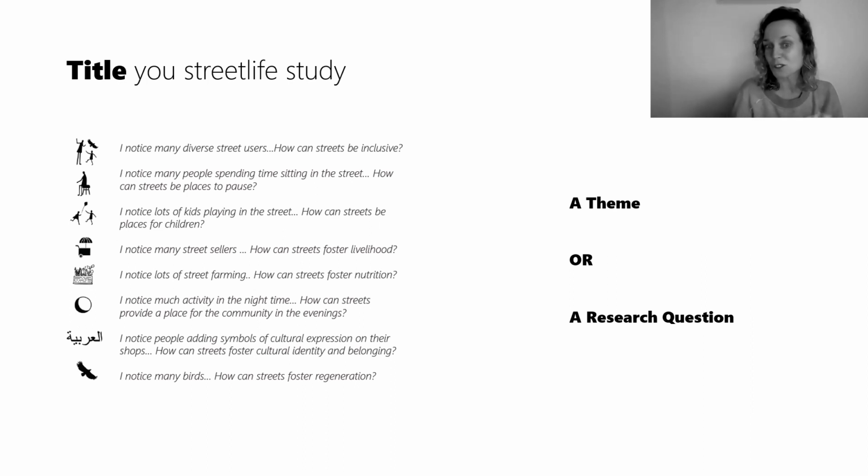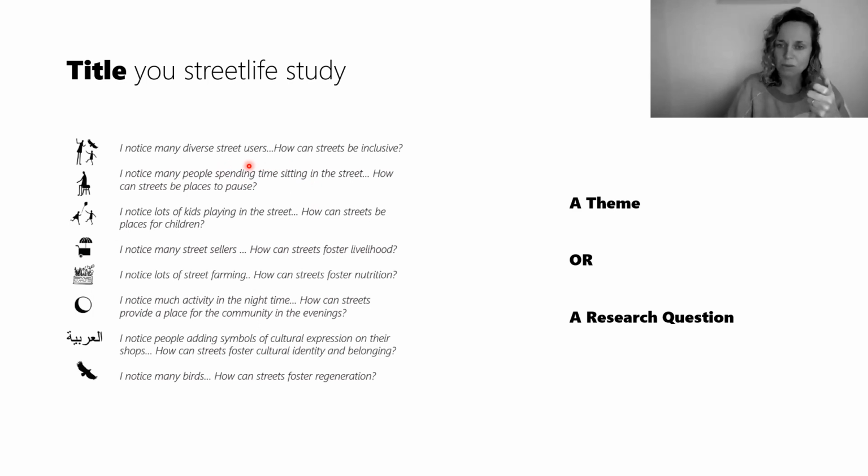How can streets be inclusive? If we unpack that sentence for a second, I notice many diverse street users. If you wanted to title your study with a theme, your theme might be diversity of street users. We read that and we say, okay, this person is looking at who is on the street and how there's a range of different street users.